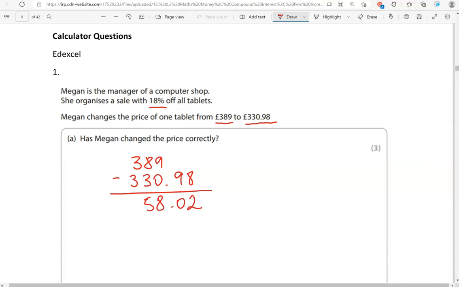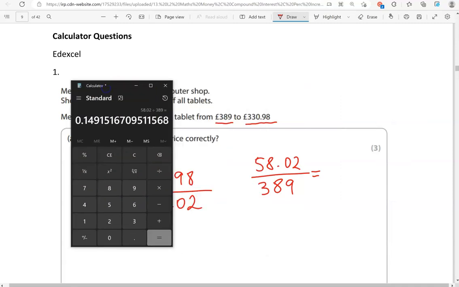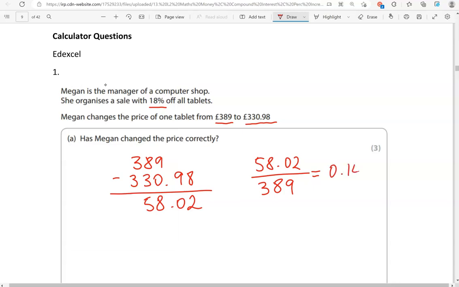Now this is £58.02 out of the original price, which was £389. So if we use a calculator, 58.02 divided by £389 gives us 0.149, which is 14.9%.